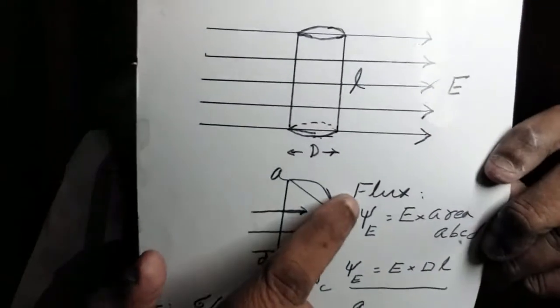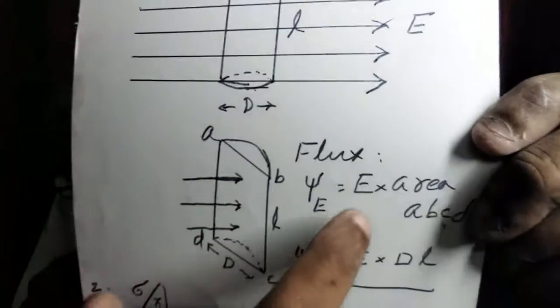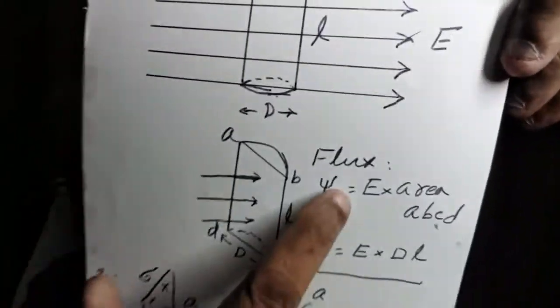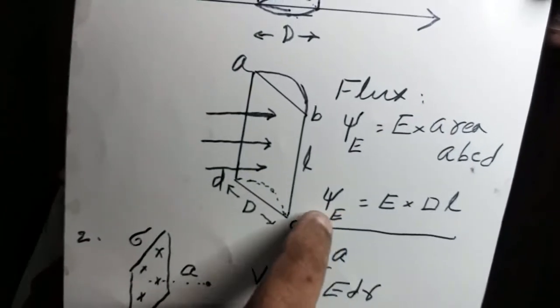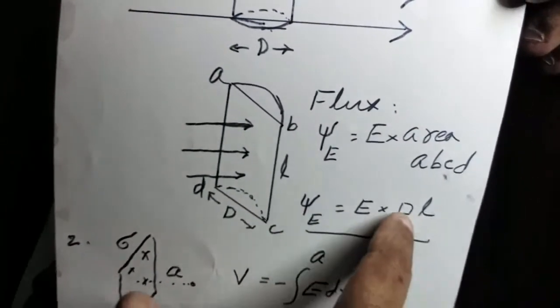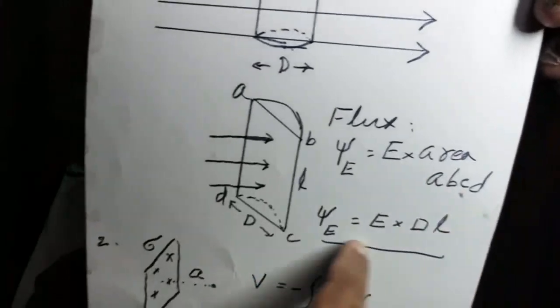So flux psi E equals E into area, that is psi E equals E into dL. This is the answer. So the choice is C. Yes, it is C. Another question.